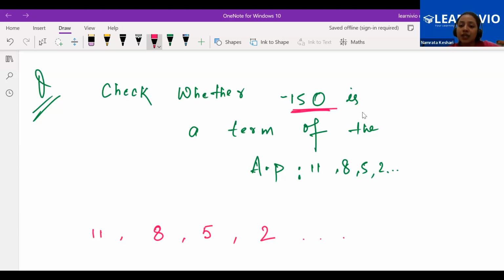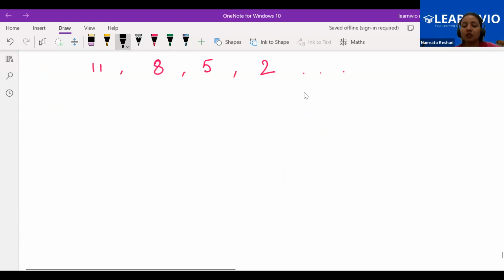And last class we discussed that the same formula goes for the last term also. We can write the formula for nth term, an is equal to a plus n minus 1 into d. That formula we can also write as L, the last term, is equal to, and I was explaining why we are taking L. So let's take the nth term formula and check whether -150 is any term or not.